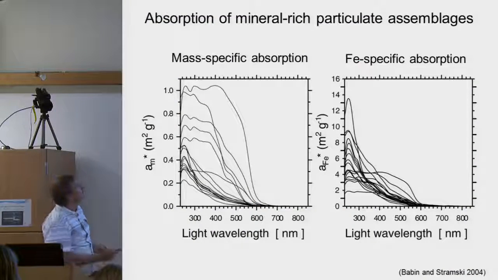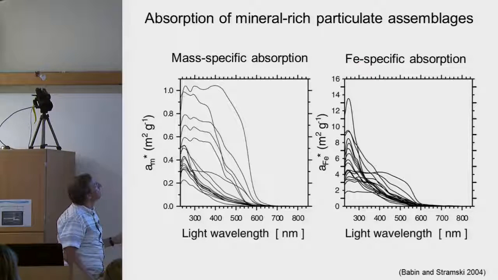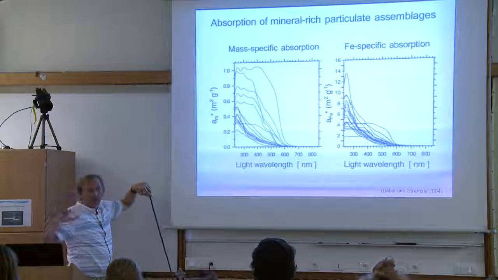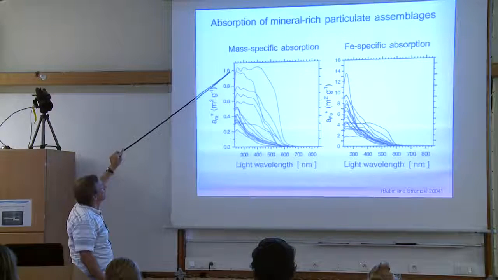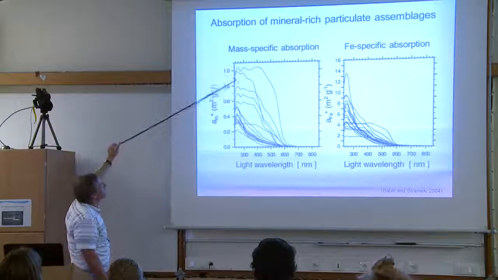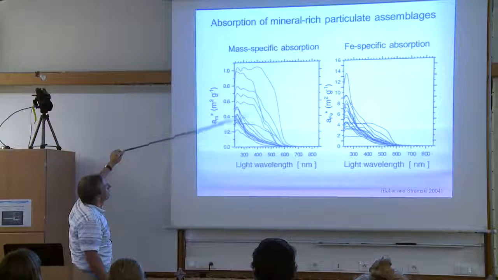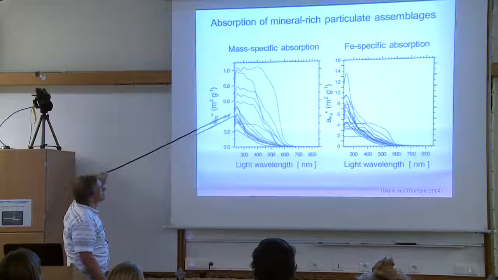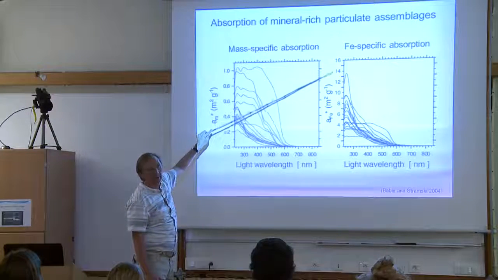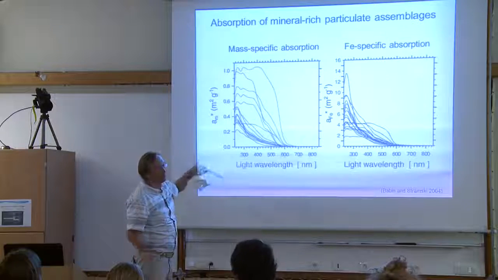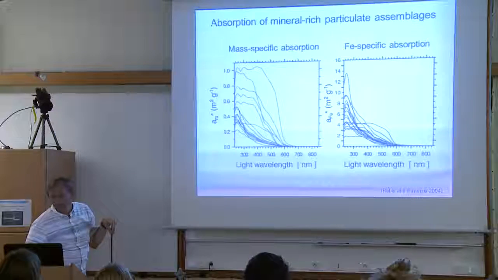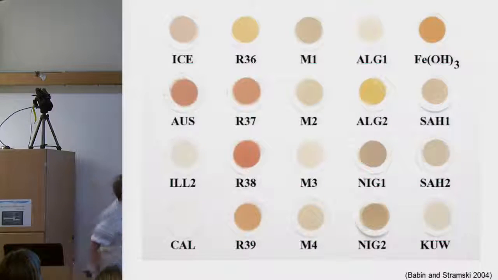And this is an important observation because if you study different types of particles from different locations on Earth that are dominated by minerals, and you normalize them to total mass of particles, you get very large variation in mass-specific absorption. But if you normalize them to the amount of iron present in the particles, you reduce this variation significantly.